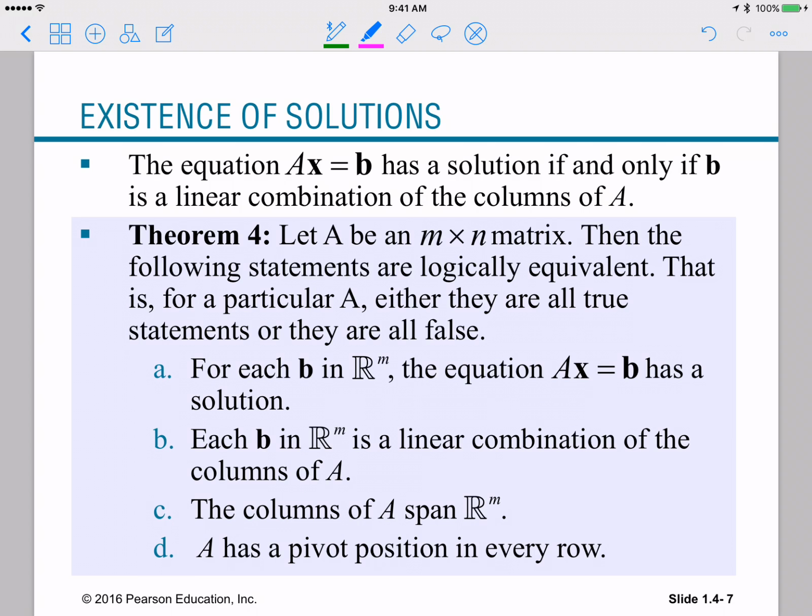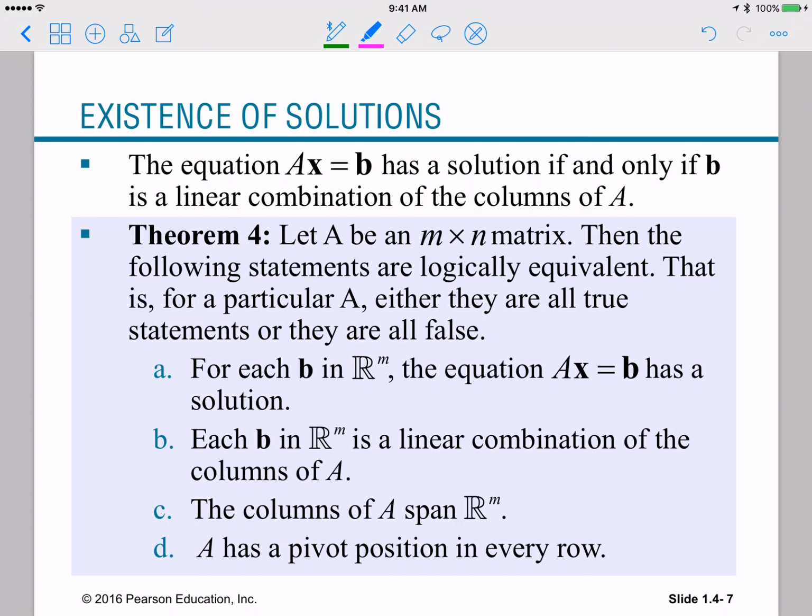Sometimes it will have some solution, but sometimes it will clearly have no solution, because this one is false and all are in the same fate. So this has to be false as well. And then these two are also false, which means some vector B is not a linear combination of the columns of A, and also the columns of A do not span Rm.